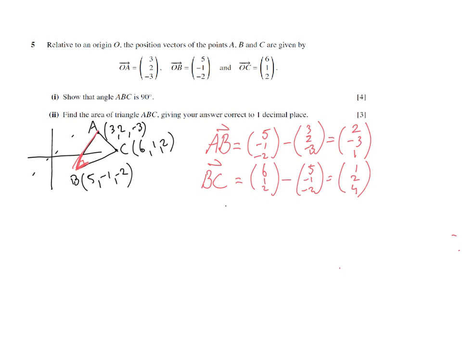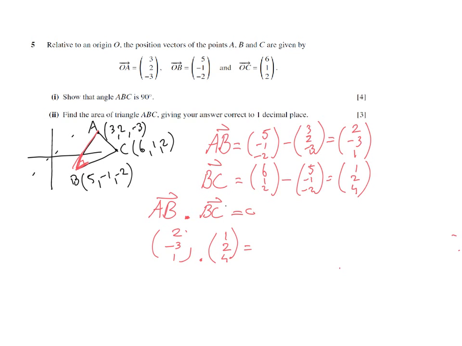Fantastic. Now when two vectors are perpendicular, you have to take the scalar product. The scalar product has to be 0. So you have to show in your working that AB dot BC has to be 0. Let's check that out. We have 2, minus 3, 1 dot 1, 2, 4.